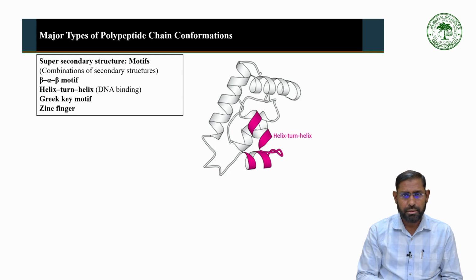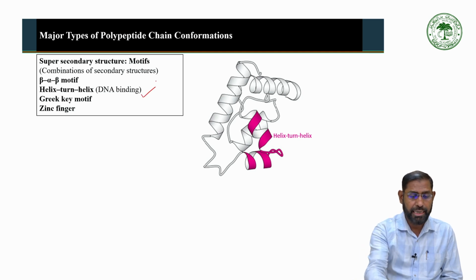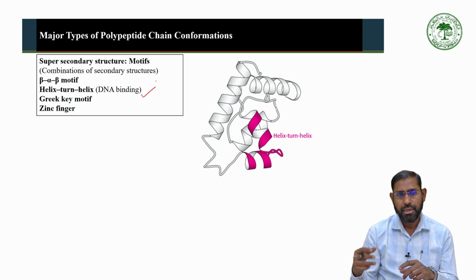Then we have the super secondary structure, called a motif, which is a combination of secondary structures. We have the beta alpha beta motif. Then we have helix turn helix, which mainly binds to DNA for processes like transcription.